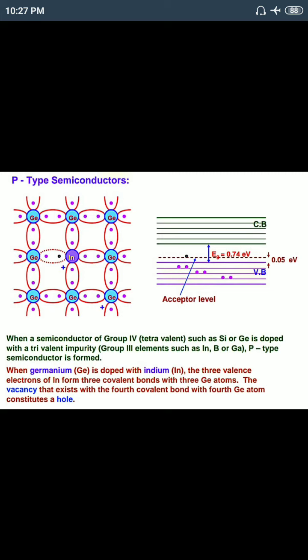That means this is a hole, a positive charge. In each such place a hole is present in the lattice. This type of semiconductor is called a p-type semiconductor.